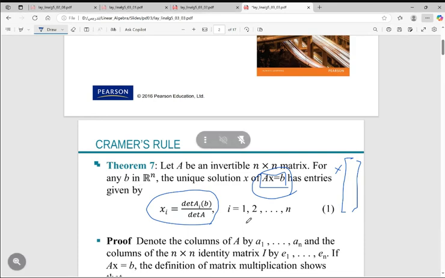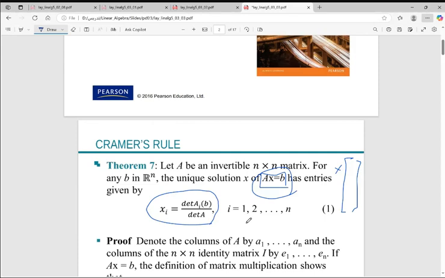In equation 1, you can compute entry i of your solution. You have a single unique solution, which is vector x, and you want to compute each entry of that solution vector, x1, x2 to xn.